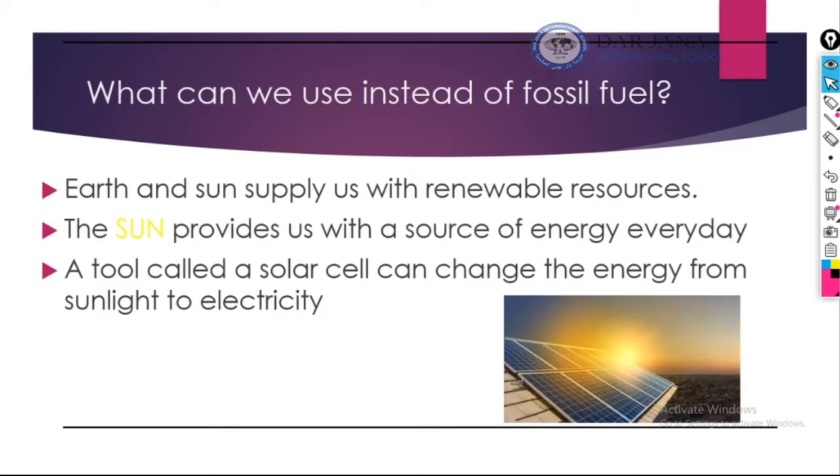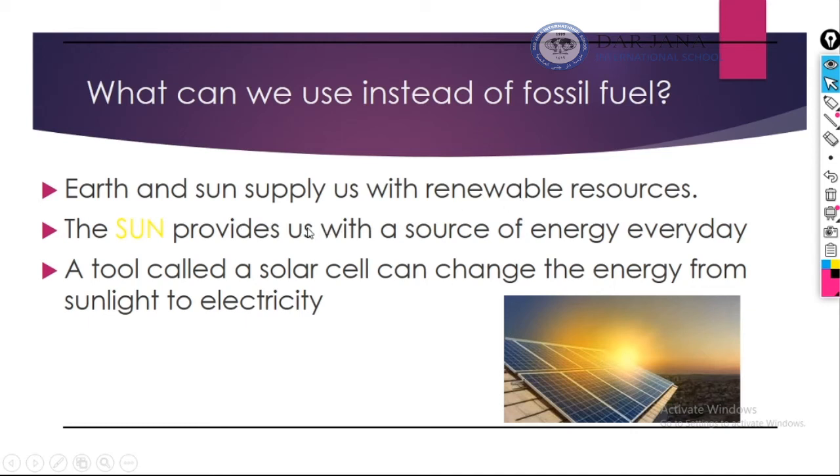So, what can we use instead of the fossil fuels? We can use other sources. For example, all of us know that the earth and the sun supply us with renewable resources. Instead of the non-renewable resources like the fossil fuels, the earth and the sun can supply us with renewable ones.